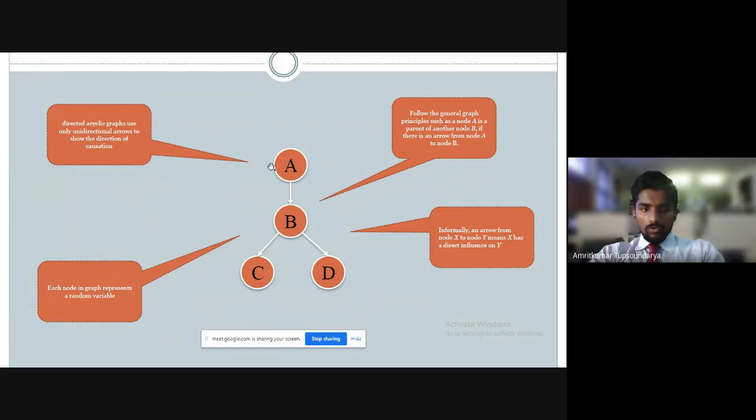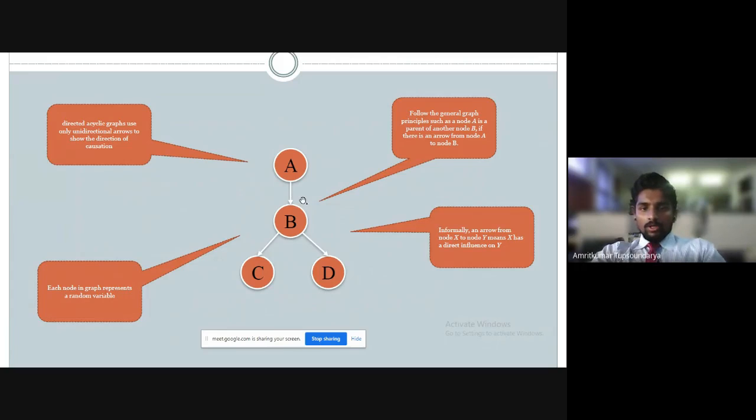Each node A, B, C, and D here, each node in the graph, represents a particular variable, any random variable from the set of variables that we have. In this case, we have just four variables, so we have four nodes. But the more variables, the more nodes we have in a network, and the bigger the network we construct.